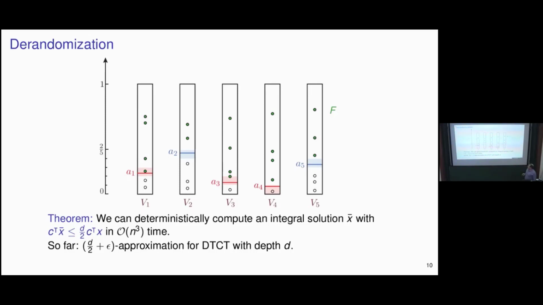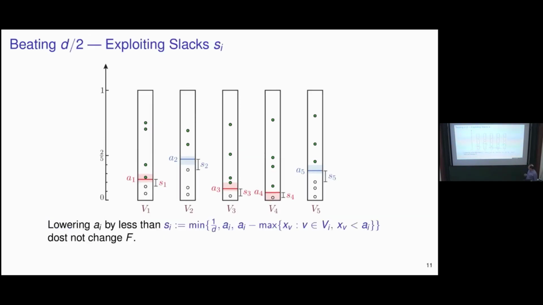So we need to do a little better. And when you look at such an assignment, you see that there is always a gap to the next lower fractional solution in that level. What we want to do is lift the level somewhere to get rid of some fractional solutions that are not rounded anymore, to make our solution cheaper.